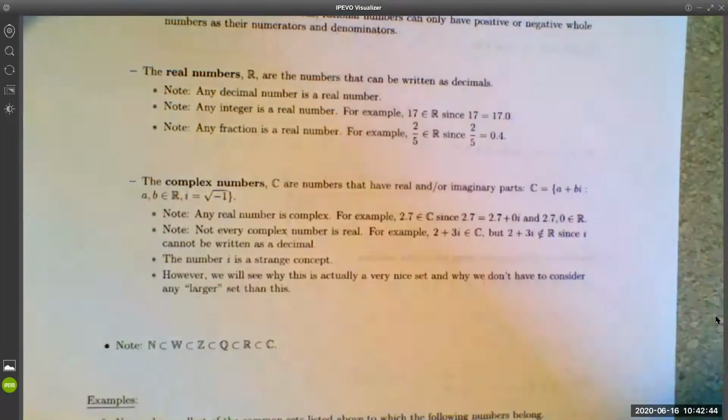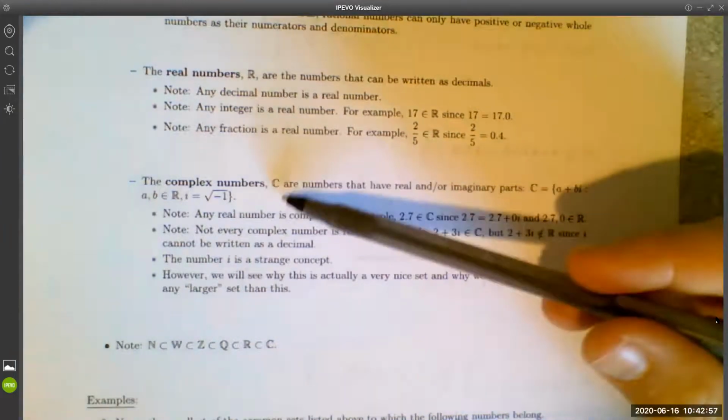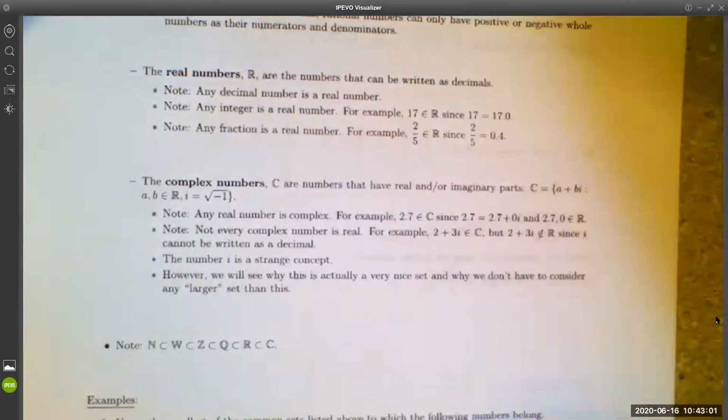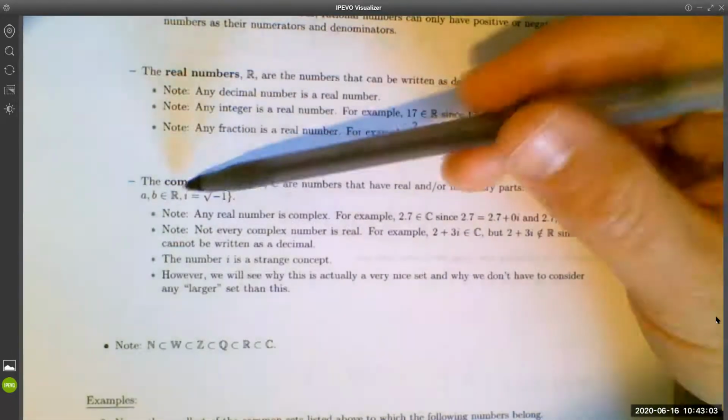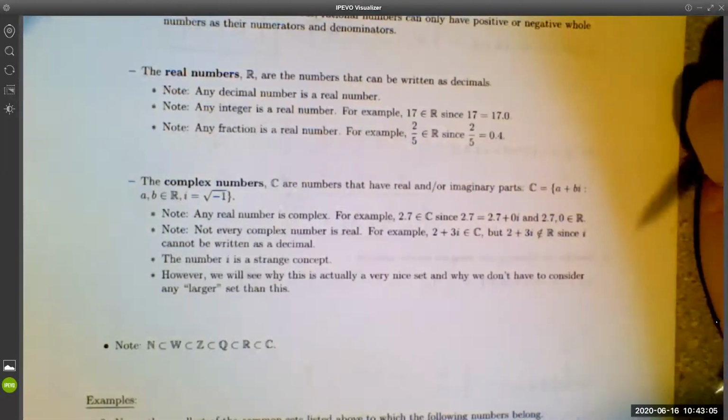Complex numbers are really pretty nice, and we're going to see in this class just how nice complex numbers are when we talk about the fundamental theorem of algebra. But it turns out that the buck stops with the complex numbers. There's no need to define any larger set than the complex numbers. You might be thinking, well, we define i to be the square root of -1. What about the 4th root of -1?